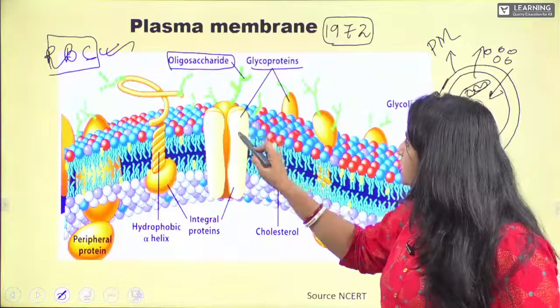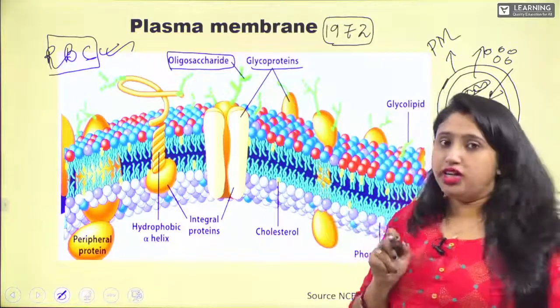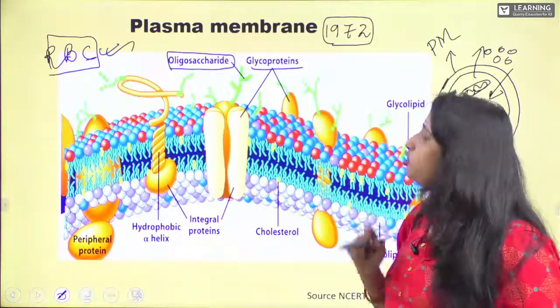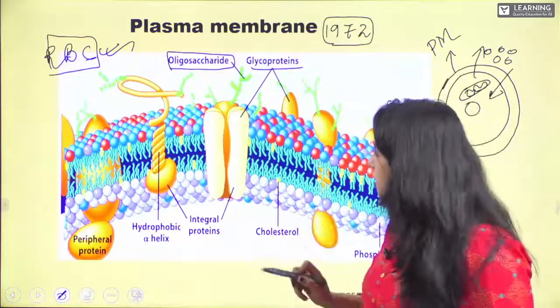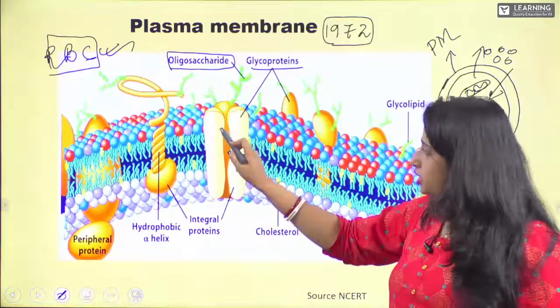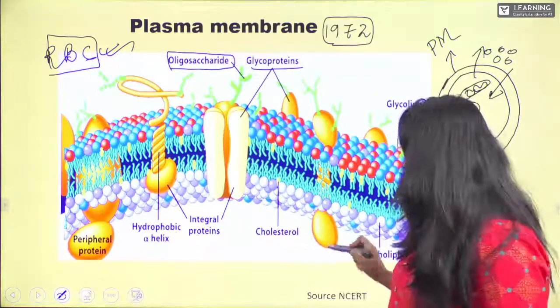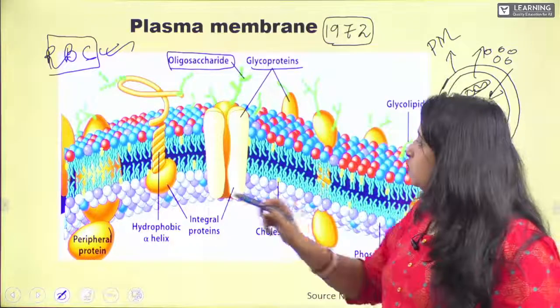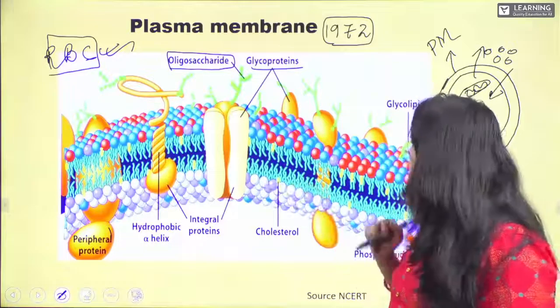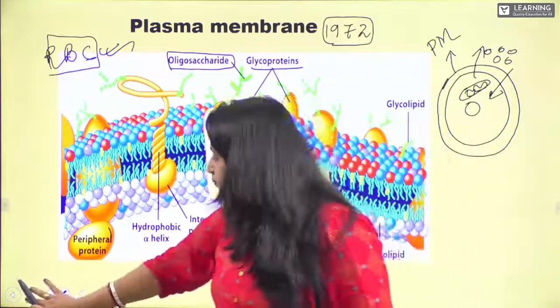As you can see, they are joined to the proteins, so the sugar molecules joined to the protein are known as glycoprotein. Here you can see this is the integral protein, the bigger one, and these are the peripheral proteins, which are towards the end. So this is how the structure of the plasma membrane looks.